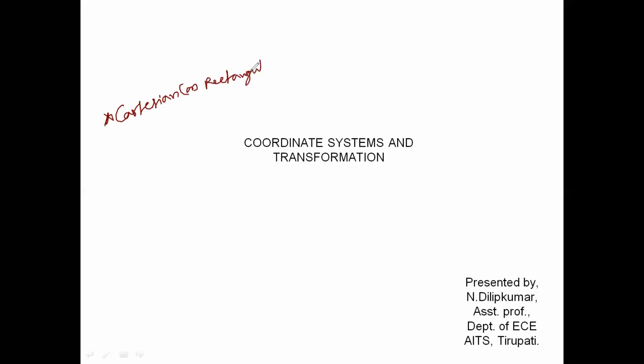Generally we can see there are so many coordinate systems. Simply to say, here you can see the Cartesian or rectangular system. Another type is circular cylindrical. This is another type of coordinate system.